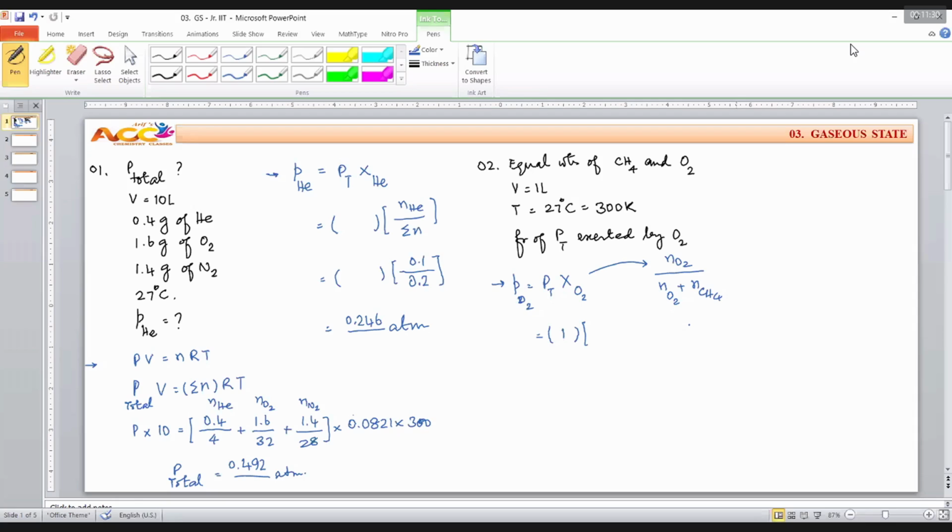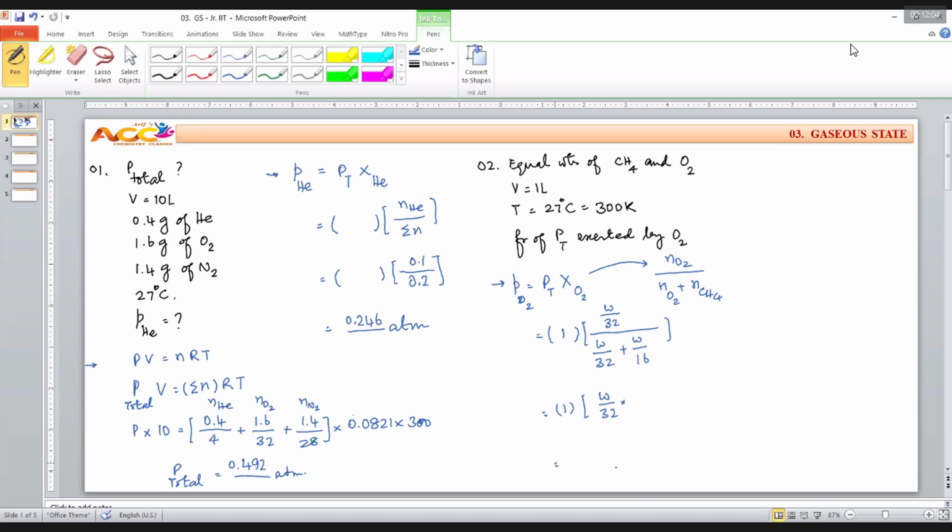Suppose, for example, I take W gram here. So weight by molecular weight, oxygen, plus weight by molecular weight, methane. This is supposed to be W by 32, right? This is 1 by 32 and W by 32 and W by 16. Simplify and substitute.